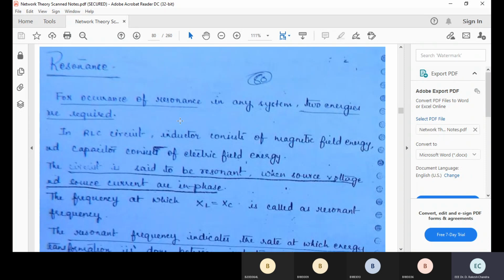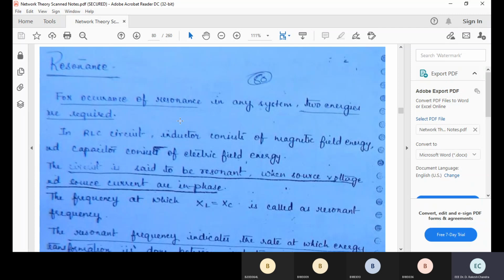Coming to the electrical resonance concept-wise, resonance occurs when inductive reactance is equal to capacitive reactance, where XL is equal to XC. What is XL? L omega. What is XC? 1 by omega C. So when L omega is equal to 1 by omega C, then omega is equal to 1 by root LC.